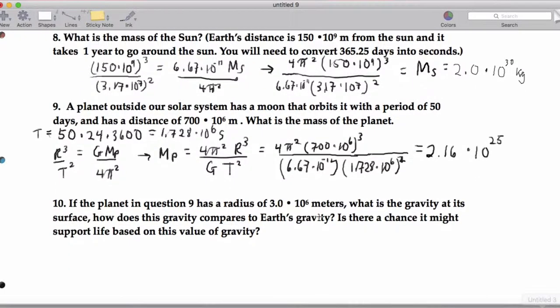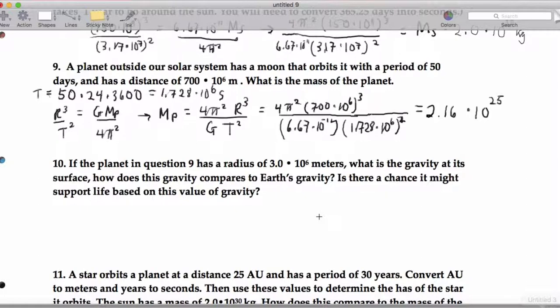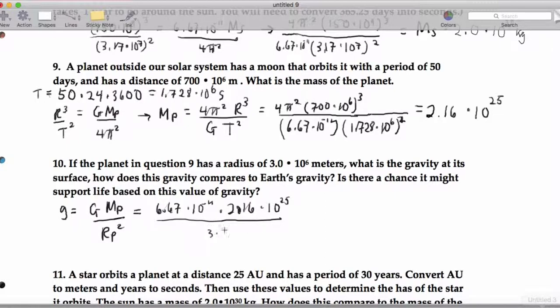It says if the planet in question has the following radius, we want to know its gravity at the surface. So let's calculate that. Little g is going to equal capital G times the mass of the planet, divided by the radius of the planet squared. It's going to be 6.67 times 10 to the negative 11th times 2.16 times 10 to the 25th, divided by the radius of the planet squared, which is 3 times 10 to the 6th squared.